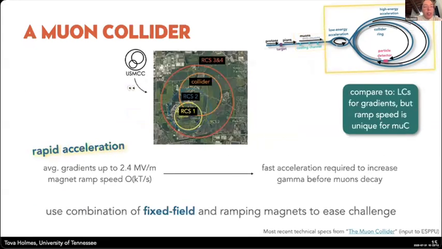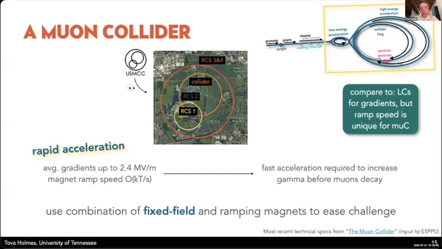Okay, up next, we have our rapid acceleration. You need average gradients up to 2.4 megavolts per meter, and you need fast ramping magnets in order to keep them in this ring as they're changing energy so fast. And this is needed, again, to increase the muon energy before the muons decay.